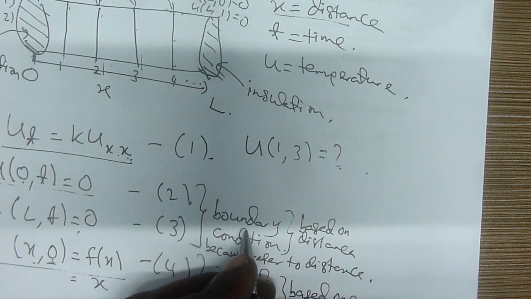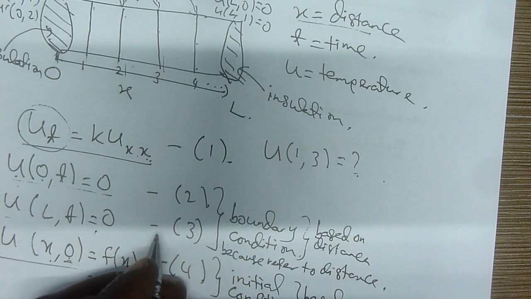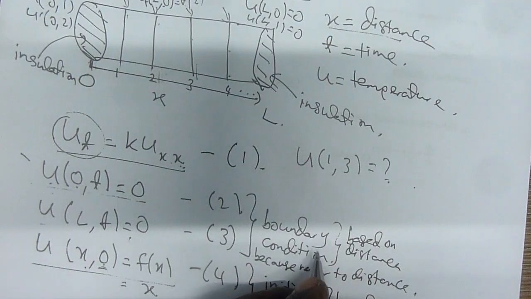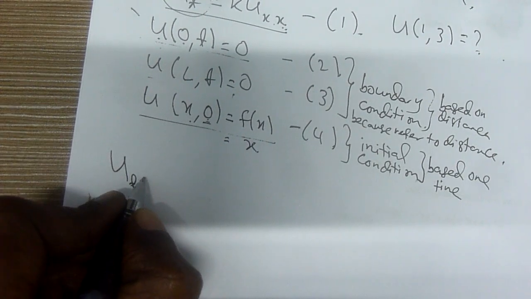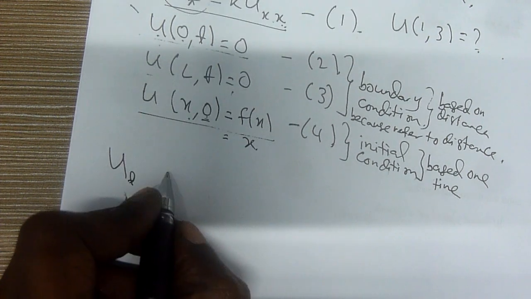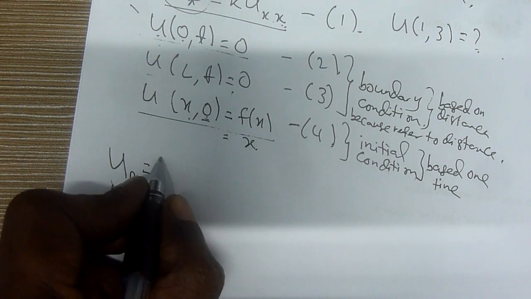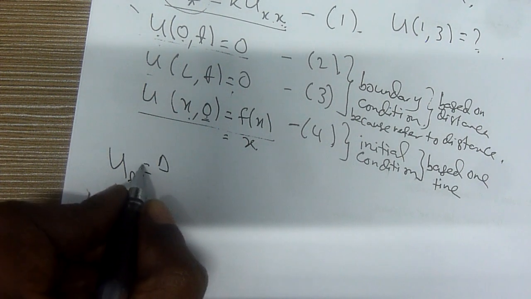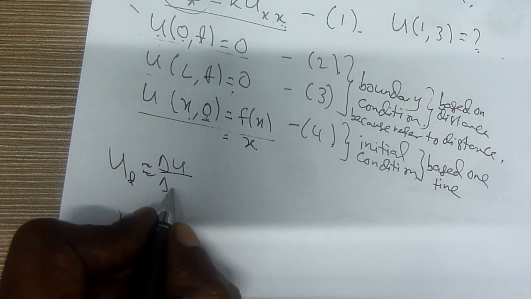Let me put it to you this way. The first, u_t, can be explained from your understanding as u over del t, right?